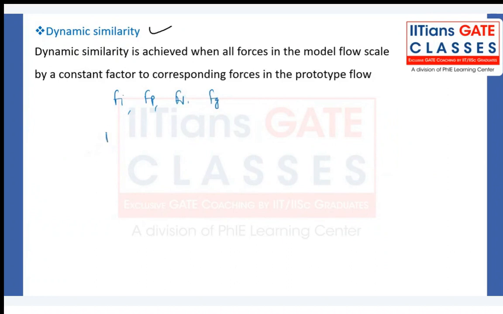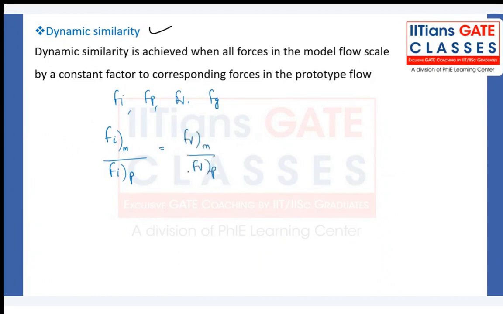Whatever the forces, let's say inertia force of the model and inertia force at the corresponding same point number one for the prototype. Let's say this ratio for this particular force is there. It has to be the same for the viscous force in the model and the viscous force in the prototype.